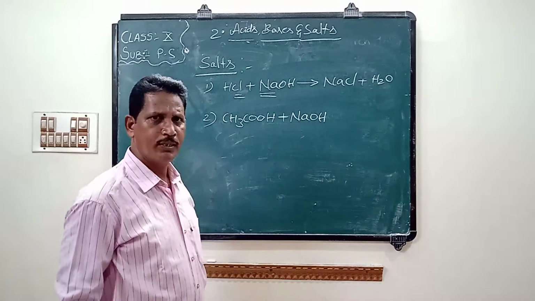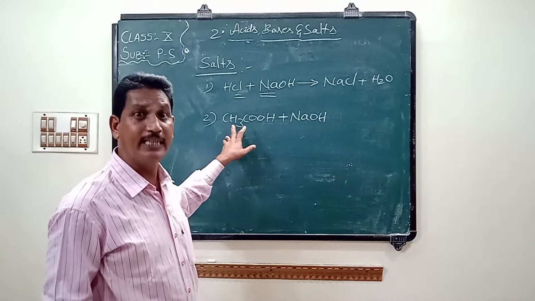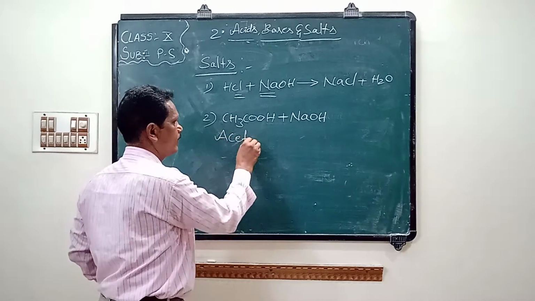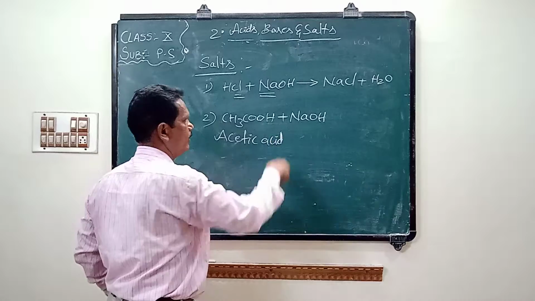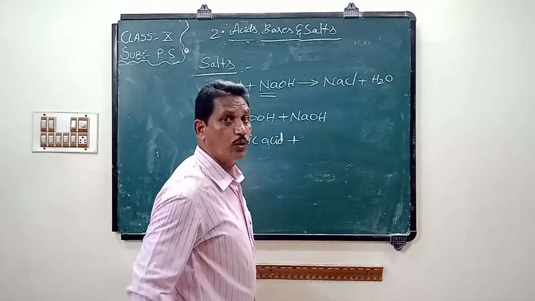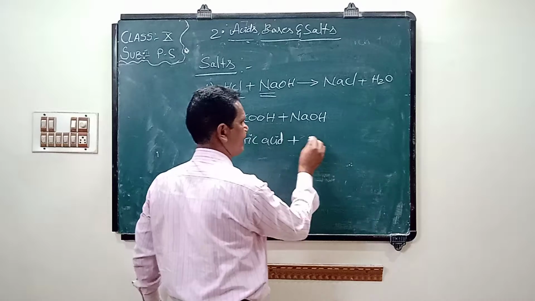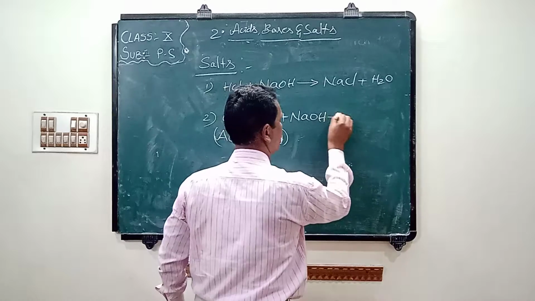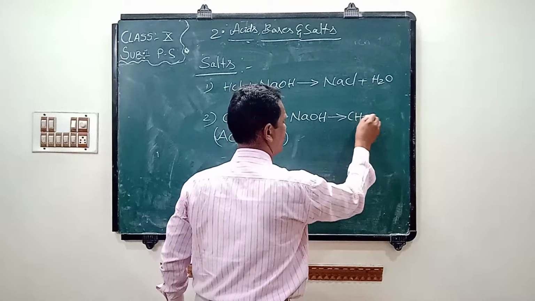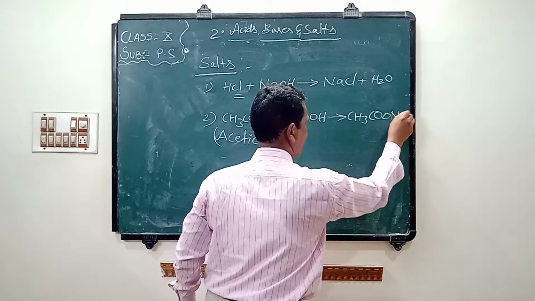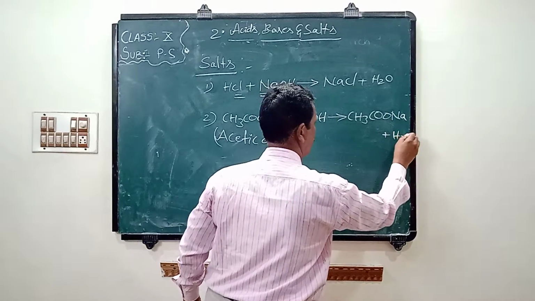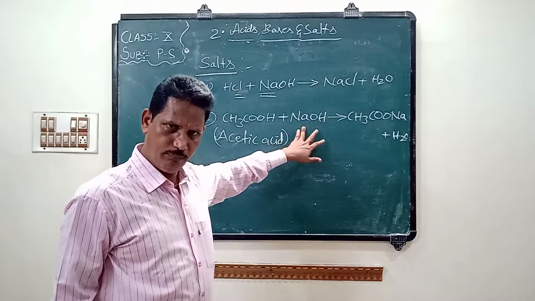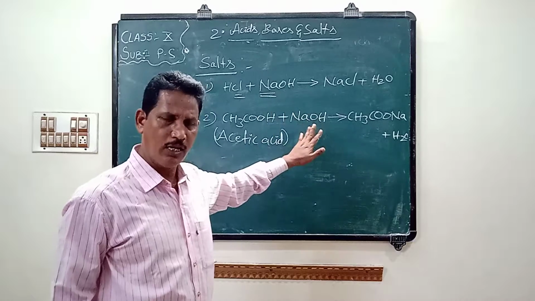So acetic acid reacts with sodium hydroxide to give CH3COONa plus H2O, salt and water. Acid reacts with base to form salt and water.